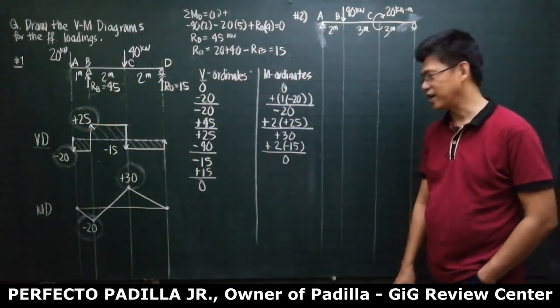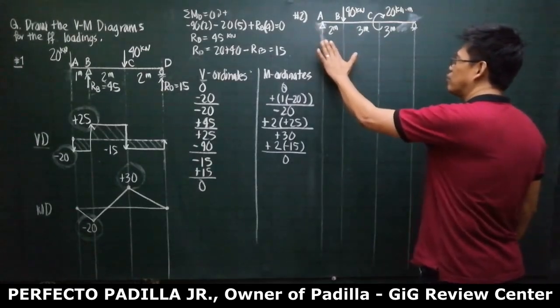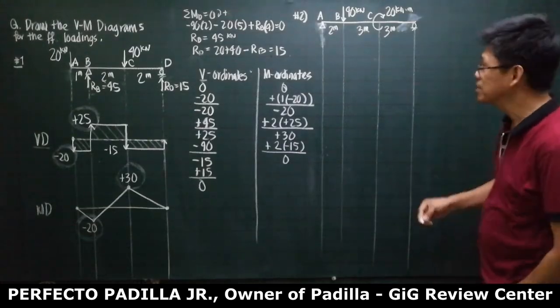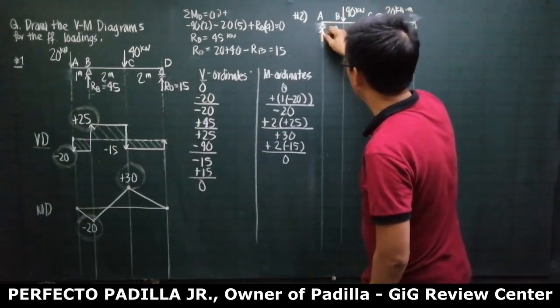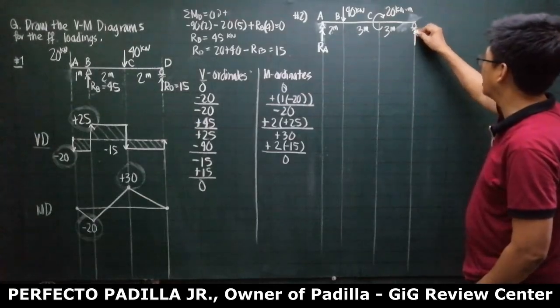You follow? Okay. Let us have this one. In this particular problem, we want here also to draw the shear and moment diagrams. Let us first solve the reactions. This is our RA. This is our RD.